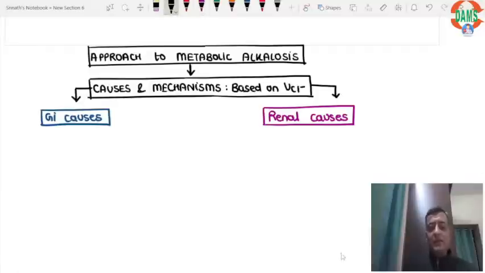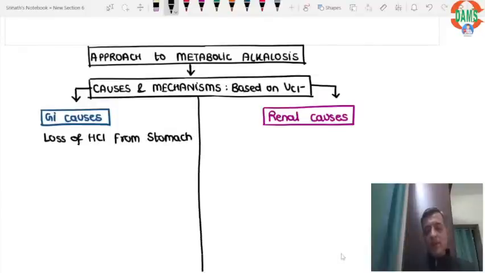In the GI causes, the mechanism is loss of HCl from the stomach, leading to metabolic alkalosis. When there is loss of HCl from the stomach, along with the H+ acid, the chloride is also lost.